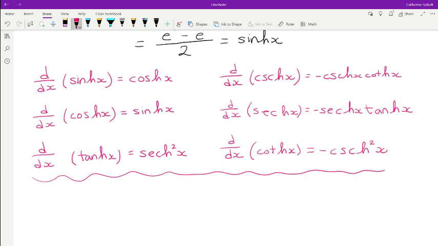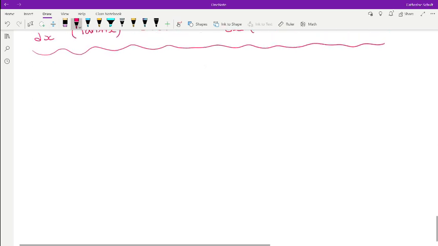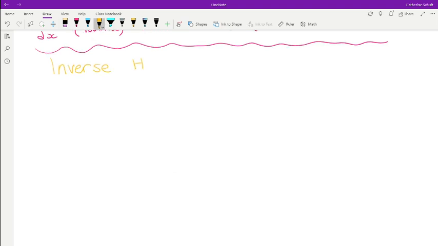Okay, so let's move on to the inverse hyperbolic functions. Okay, and then how we're going to figure out what the inverse functions are, we're going to use a couple facts.